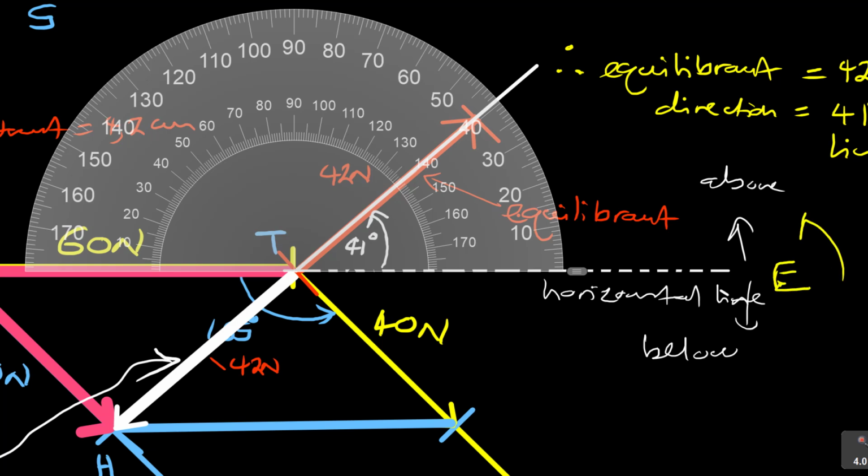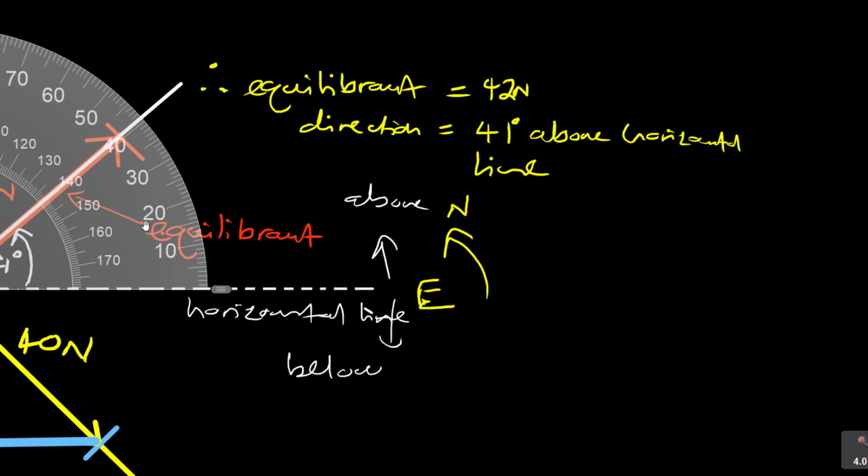When I'm going this direction, I'm going towards my north. So you can write it as east 41 degrees. From east you move 41 degrees towards north. They allow that. These are different ways.